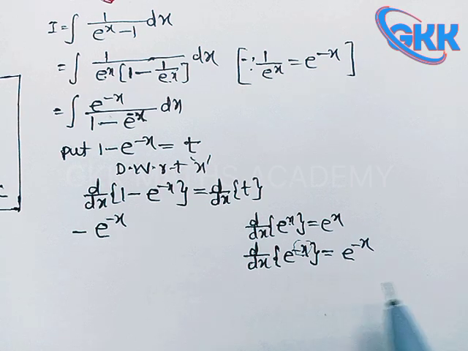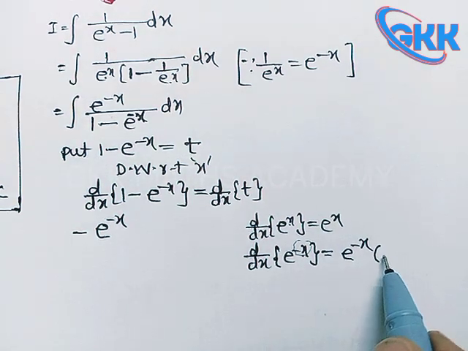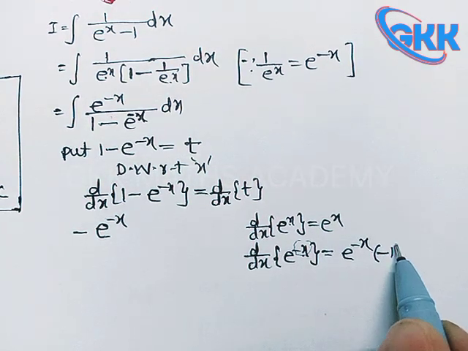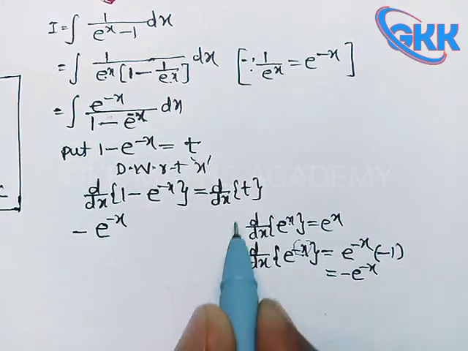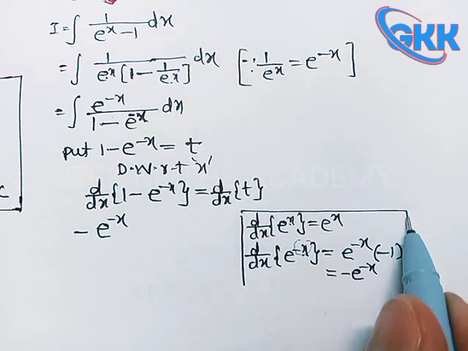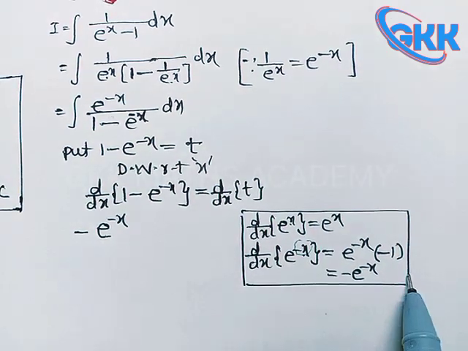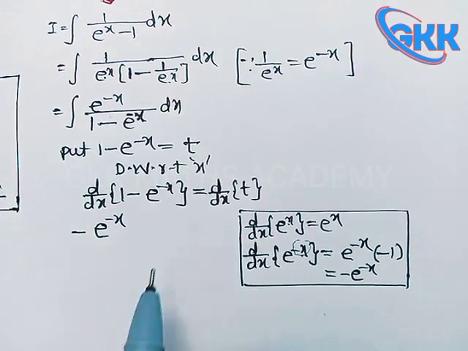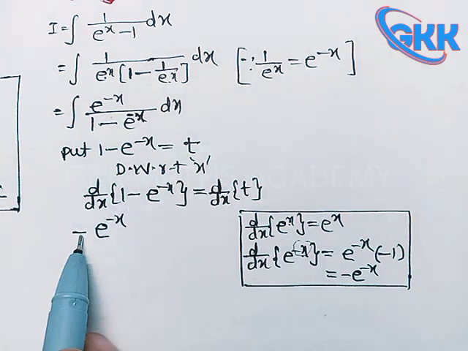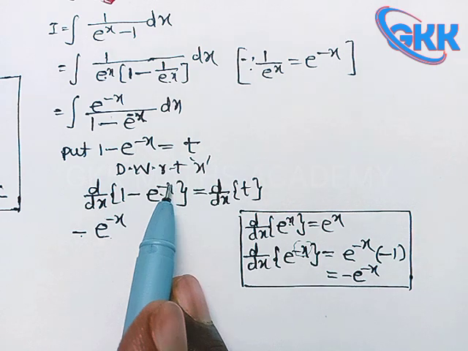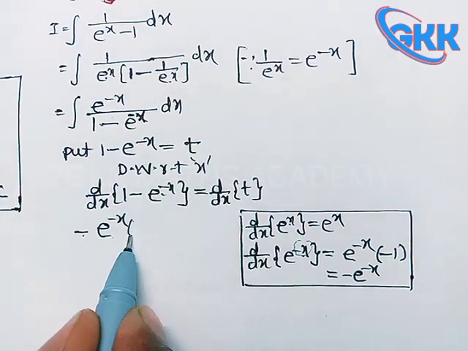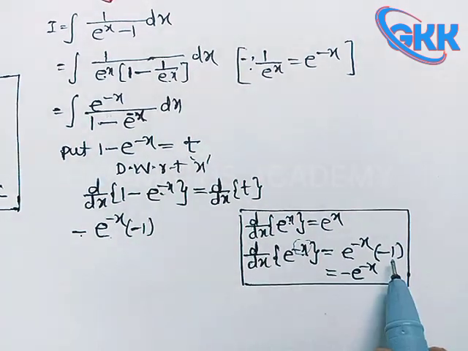Minus x. The internal derivative, d by dx of minus x, is minus 1. So finally we get minus e power minus x. You should remember this formula, no need to confuse. That's the reason I kept minus here, e power minus x, but it is not x, so the internal differentiation gives minus 1.